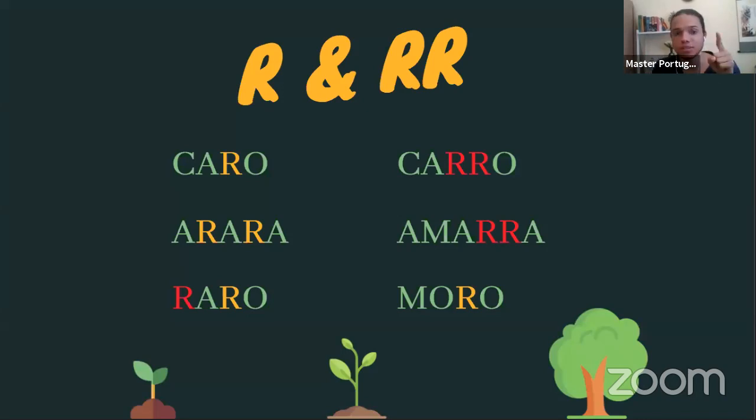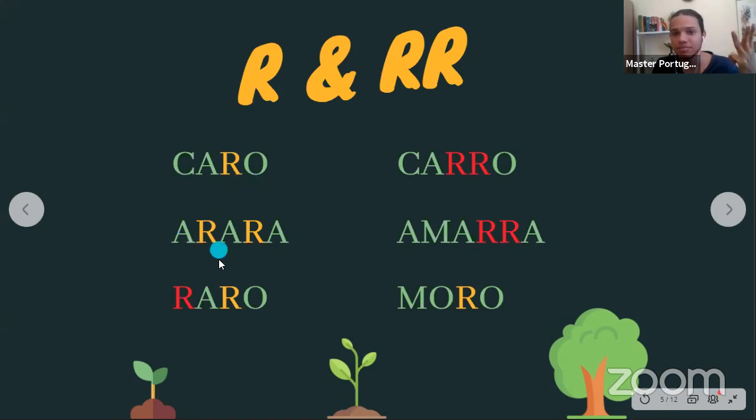So first, no, actually two. First, R, caro, which is different from carro. So we've got two pronunciations. One, R, you roll your tongue like R, carro. Second, carro, carro. Okay?